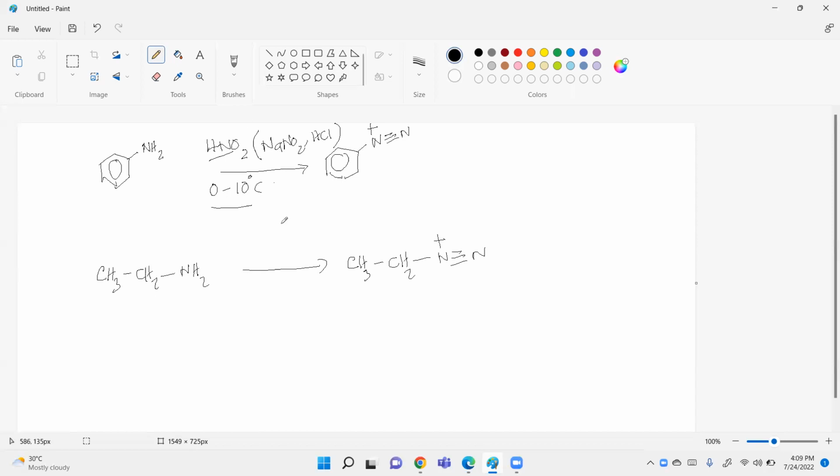If you give the same conditions, we can make a similar compound with a normal alkyl amine also. But the question says the structure given by phenylamine is called phenyl diazonium, and this is more stable.